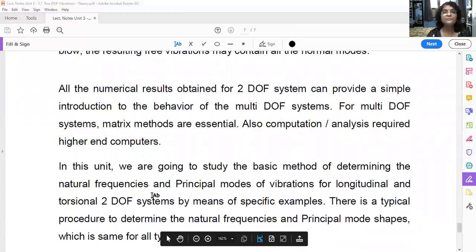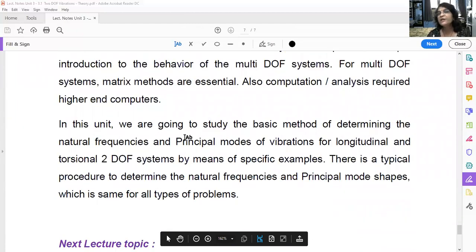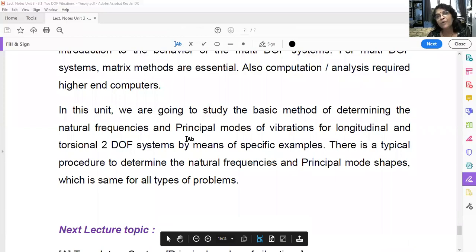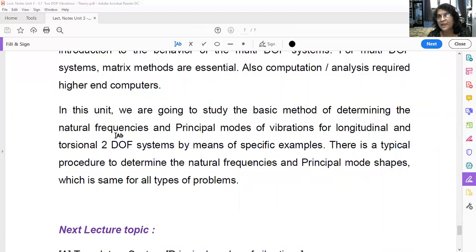Now, in this unit we are going to study the basic method of determining the natural frequencies and principal modes of vibration for longitudinal and torsional systems. We are going to study two systems, longitudinal and torsional, and a third one, combined, for the 2 DOF system by means of specific examples. There is a typical procedure to determine the natural frequencies and the principal mode shapes.